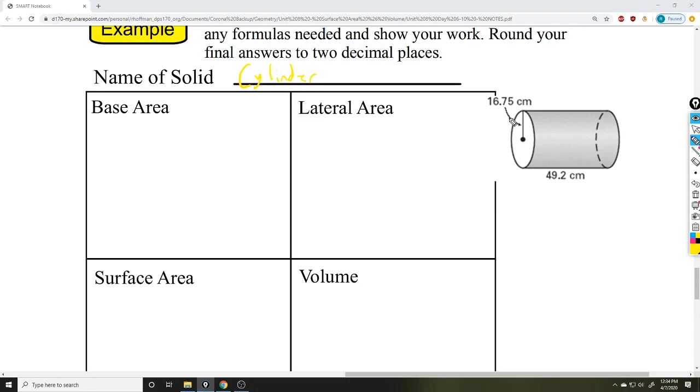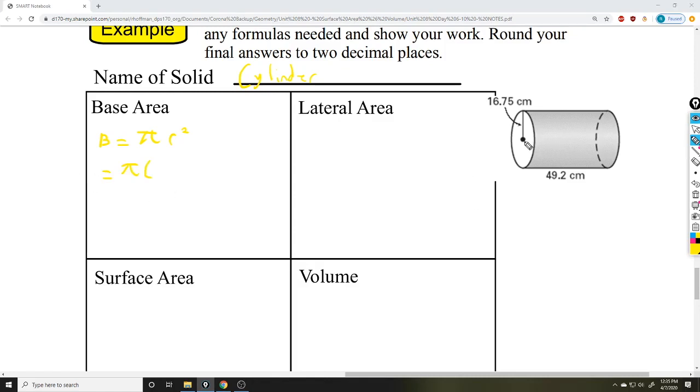All right, I'm going to do the messier one, and I will give you the ones with the easier numbers to try on your own. Area of the base. Well, area of the base is area of a circle, which is pi r squared. And I'm going to leave all my answers in terms of pi until the very end here.